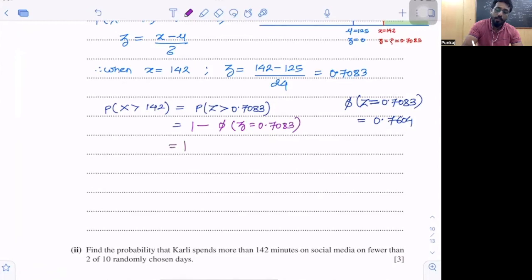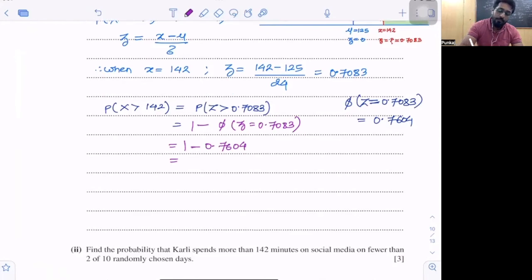So it's going to be 1 minus 0.7604. So that will come how much? 1 minus 0.7604, it has come 0.2396.